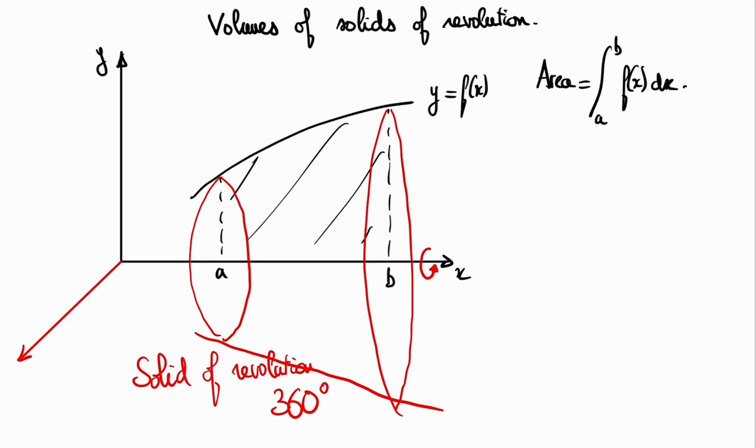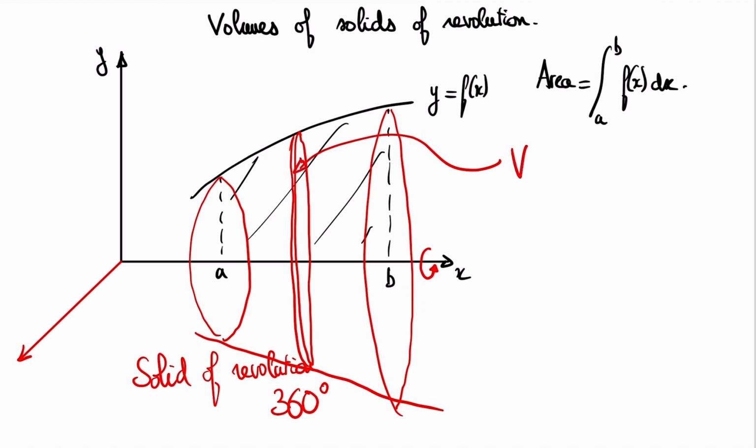Okay, so what is the volume of this solid? Well, we can imagine we're just going to cut little slices in this volume. Here that's a bit like a coin. And what is the volume of this little coin?